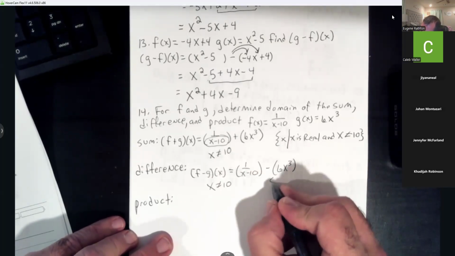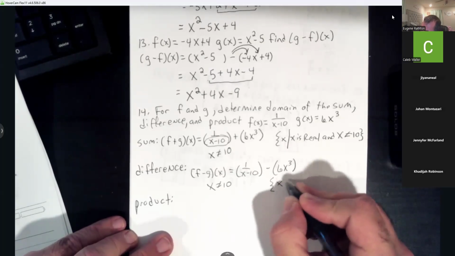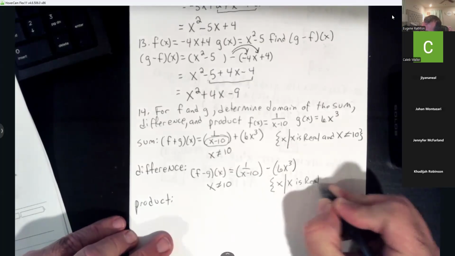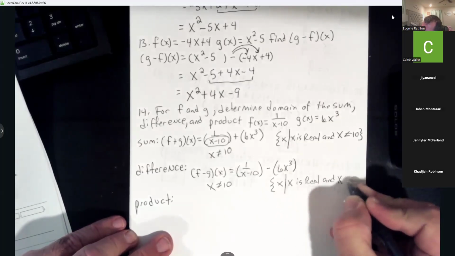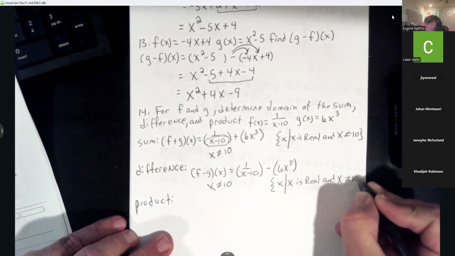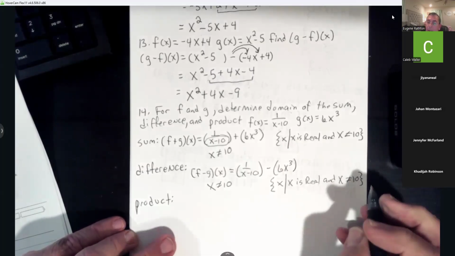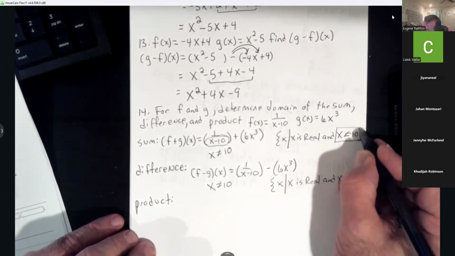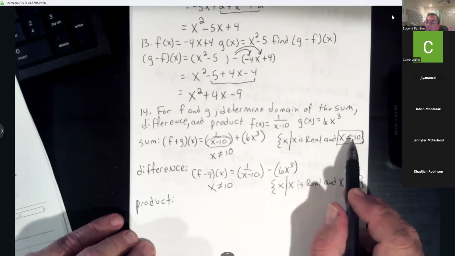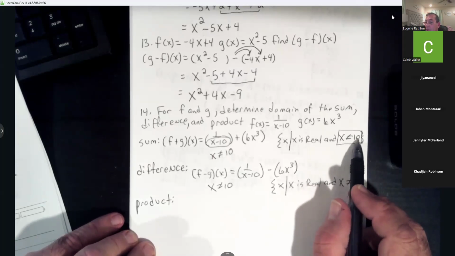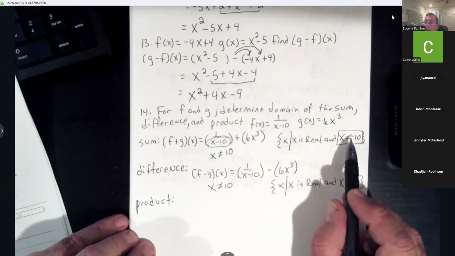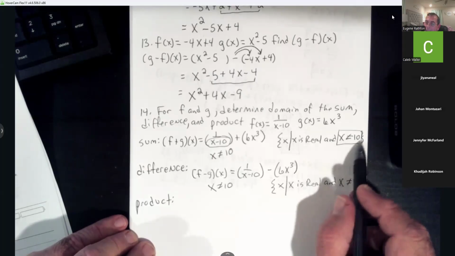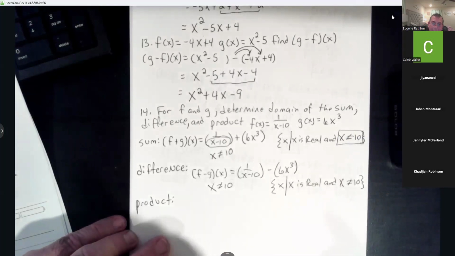So the domain is going to be exactly the same. x such that x is a real number and x cannot equal a positive 10. Now, y'all, I'll tell you on MATLAB, you got to put this whole thing in there. You got to put the x not equal to 10. If you just put a 10, it'll mark it wrong. If you just put not equal 10, it'll mark it wrong. It's got to have the whole thing in there, okay?